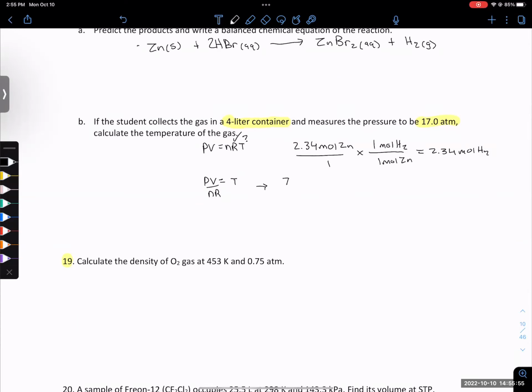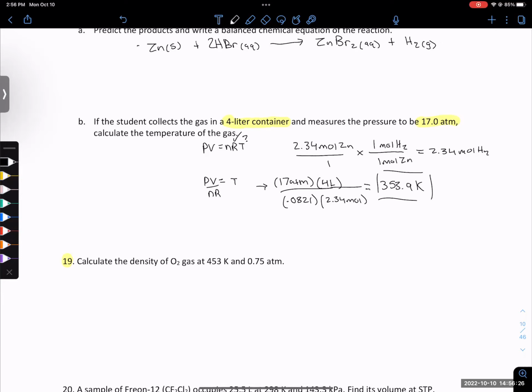Pressure was 17 atmospheres. The volume was 4 liters. We know our constant. And then we know the amount of moles of gas, 2.34. And that'll give us an answer of approximately 353.9 Kelvin.